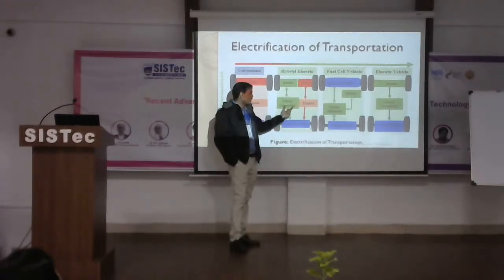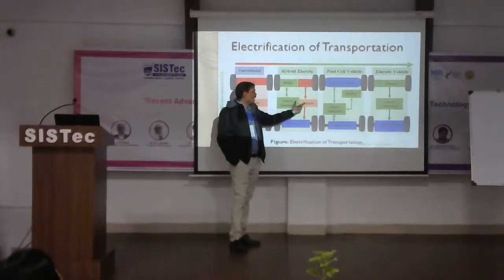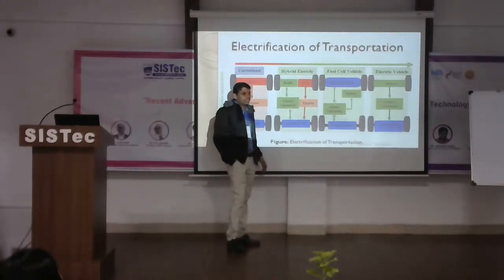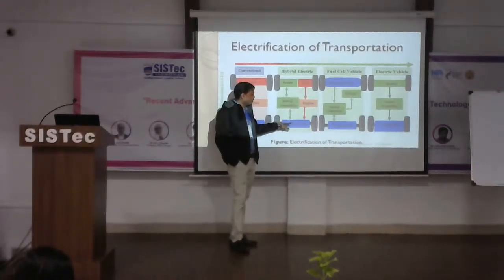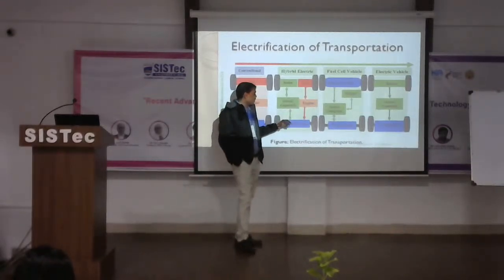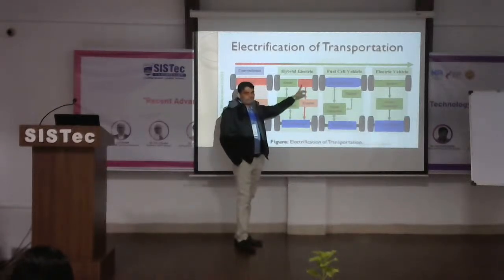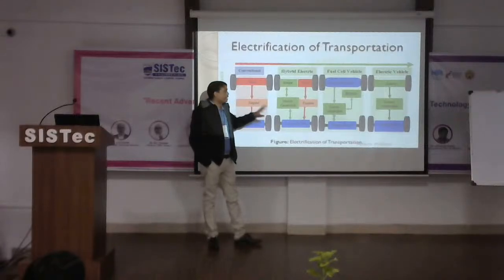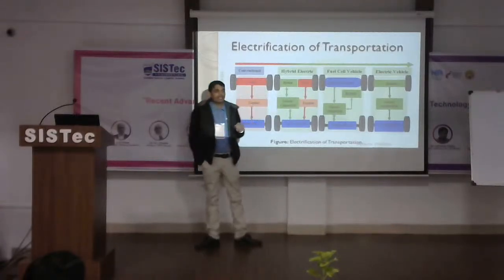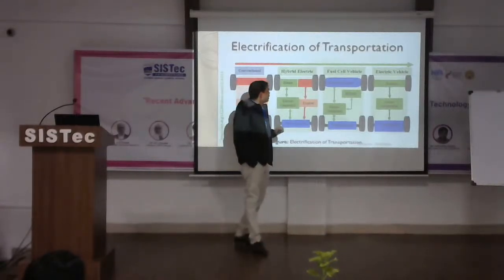And if you do not require high power, at that time you can use either the battery or the IC engine. One more advantage with this system: when the system is operated with the IC engine, we have a translation motion, so we can develop energy by connecting a generator and feed it to the battery. That is an advantage with the hybrid electric system.